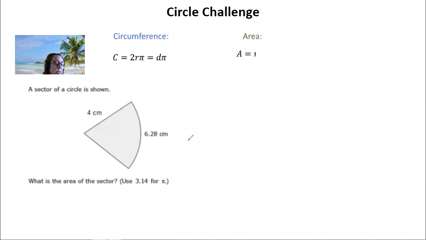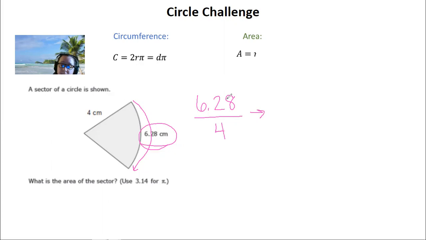Very good. So sometimes you're given an arc length, the length of the arc, which is a portion of the circumference of a circle. If you're given the arc length, to get back to the actual angle we want to take that arc length and divide by the radius.